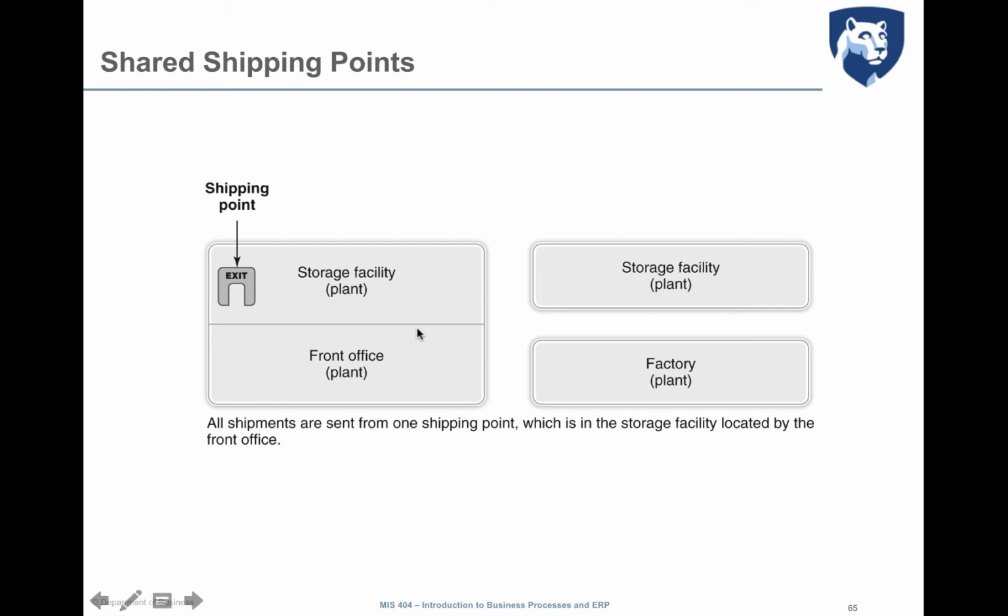So the only shipping point existing for this type of organization is the one located in the front office. This means that all material from the factory and the storage facility must first be moved to this storage facility within the front office, in order to then be shipped to their destination.